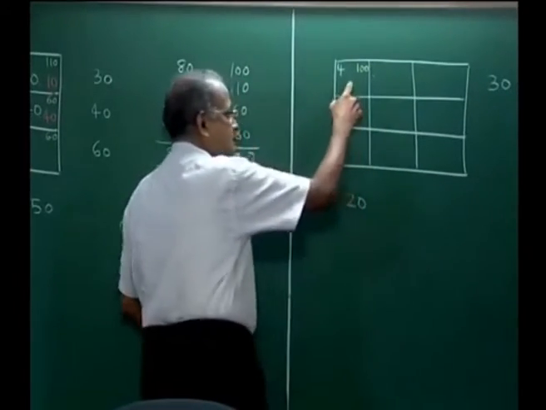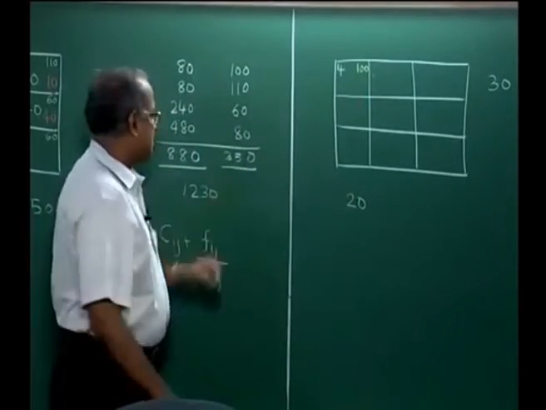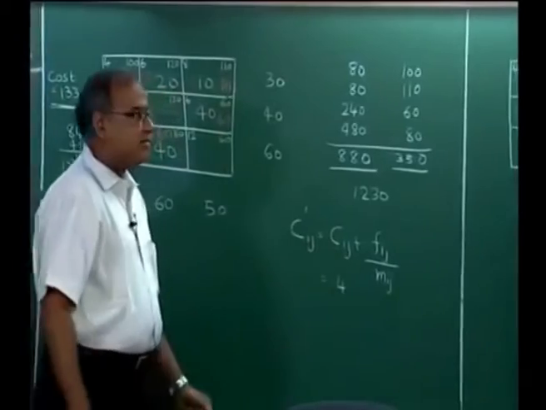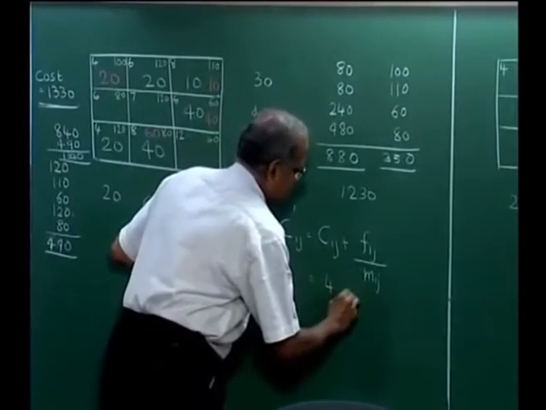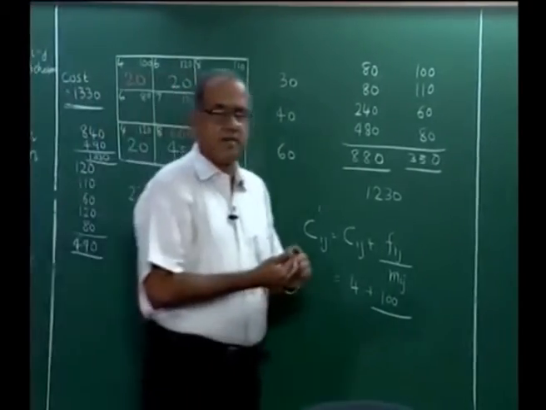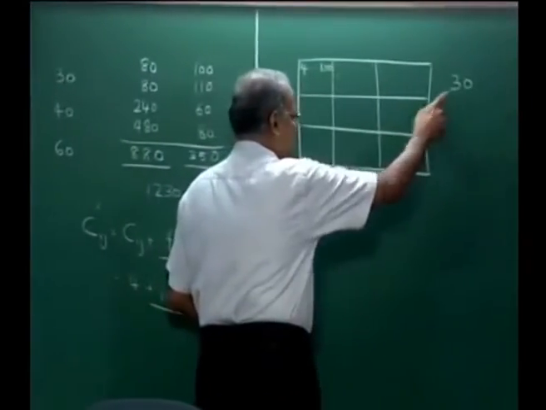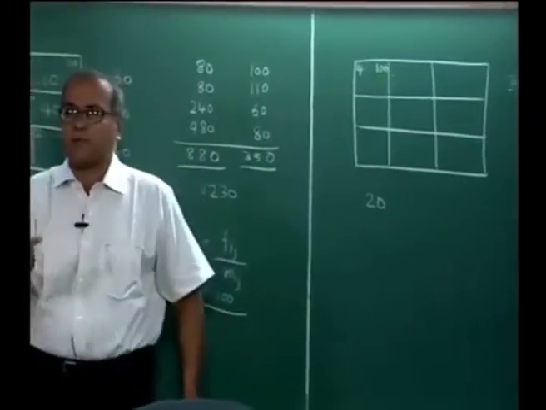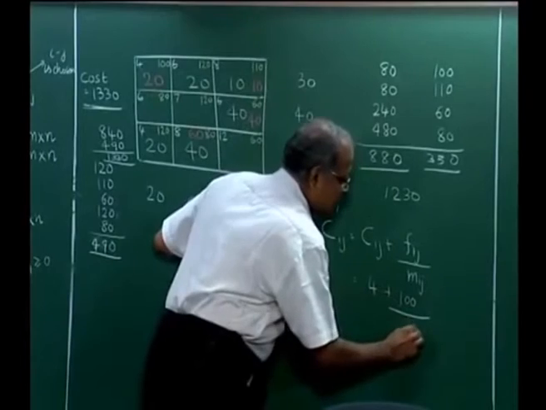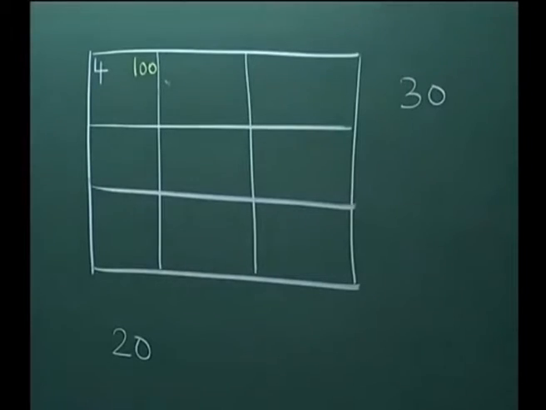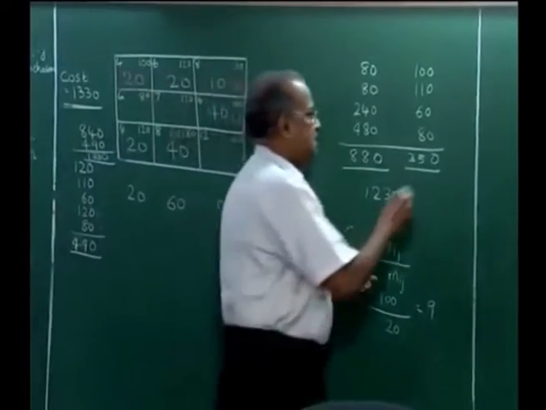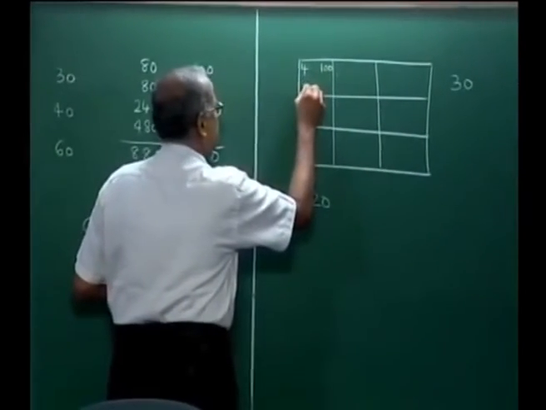So, if we consider this position, C dash ij will be Cij, which is 4, plus Fij, which is 100, divided by Mij, the minimum of the supply and the demand. So, the minimum of 30 and 20 is 20. So, this would give us a number equal to 9. I am going to write this number here, this number is 9.